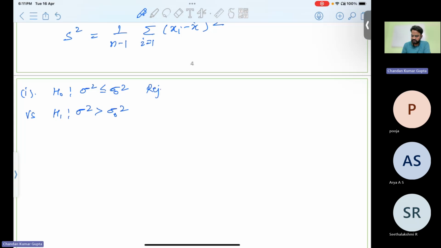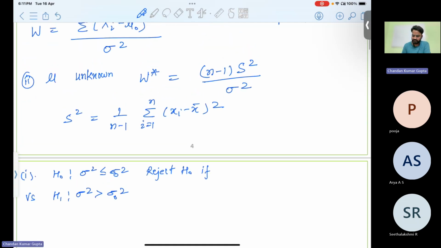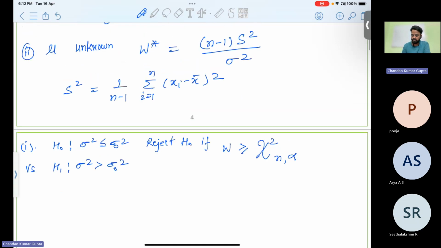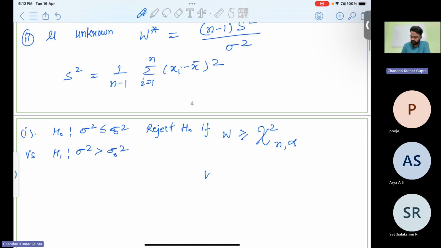In this case, we reject H naught if the statistic W which we have defined here is greater than or equal to chi square with n degrees of freedom at alpha level of significance. Or when mu is unknown, this W star value is greater than or equal to chi square with n minus 1 degrees of freedom at alpha level of significance.